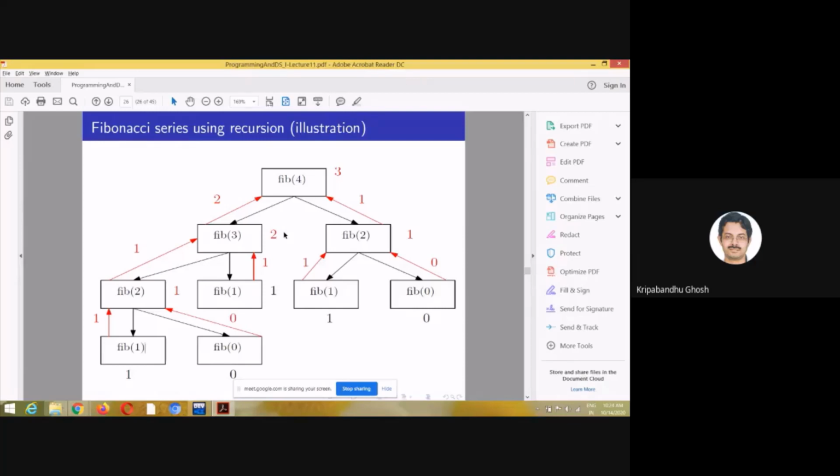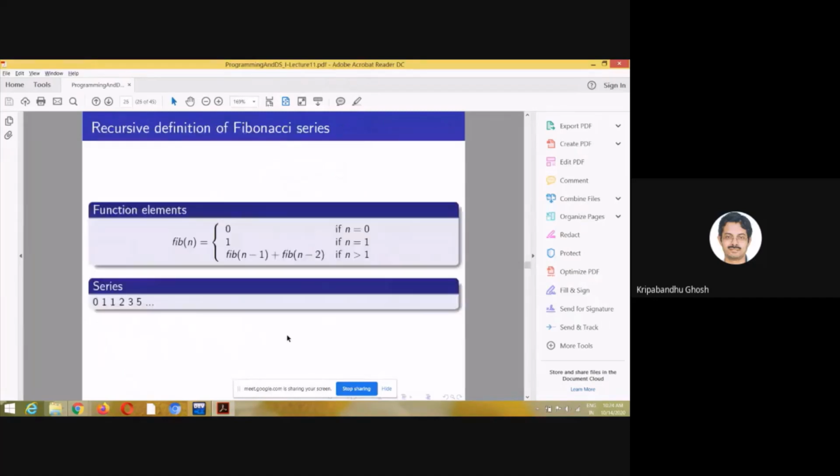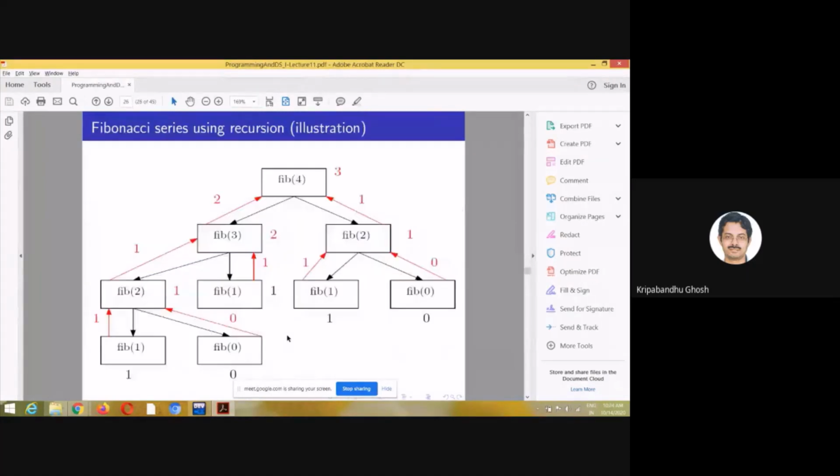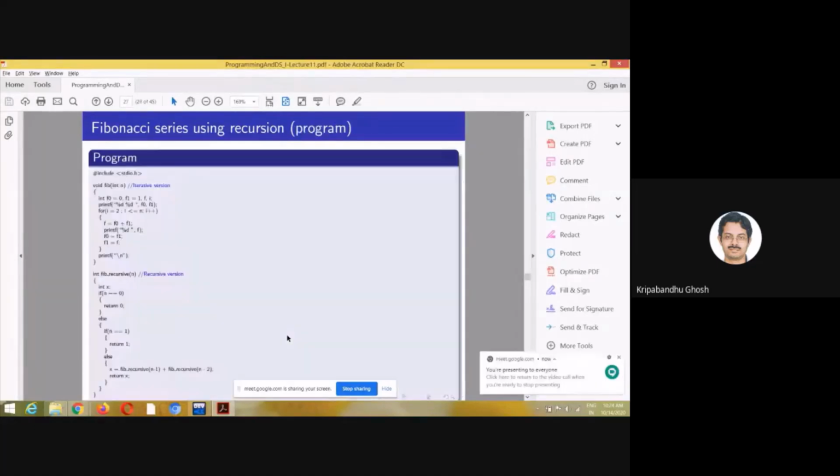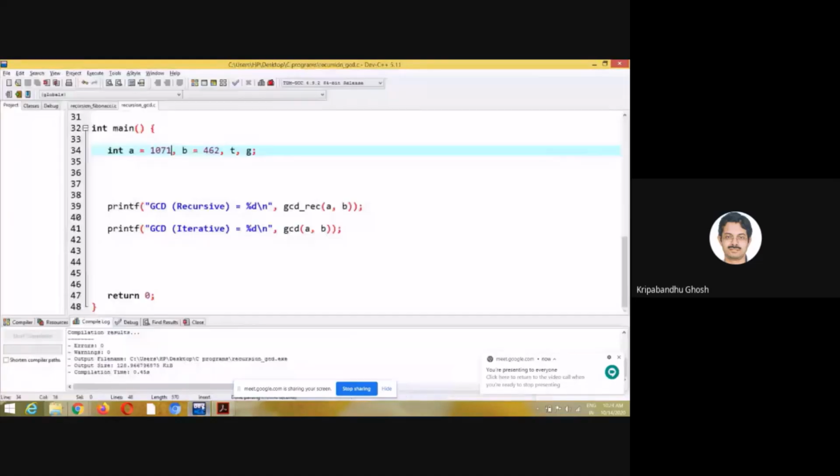But since I am discussing this in the light of recursion, here is the construct. But you must be aware of the pros and cons of all the methods. Right. Let's go ahead and look at the implementation of this code.